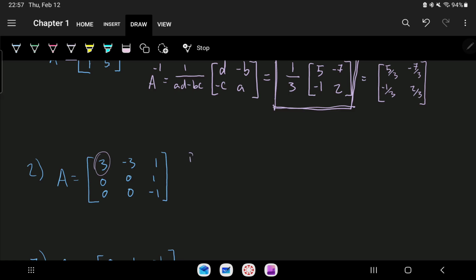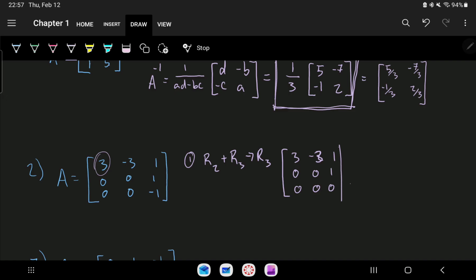Because as soon as we do this step, if you remember, for row reductions, we can add row 2 to row 3 and get row 3. Well, that is just going to give a row of zeros.